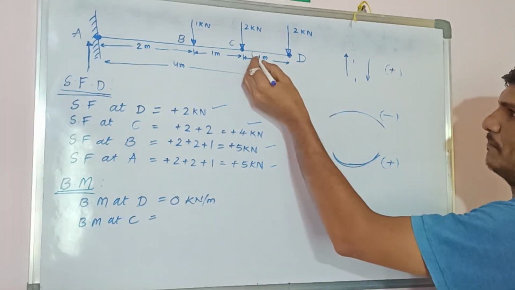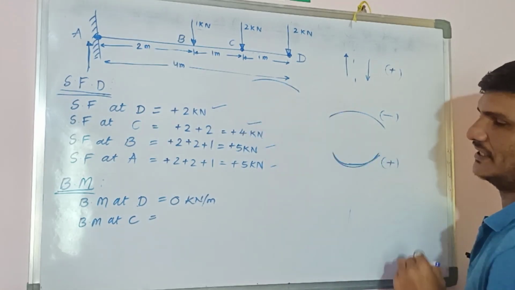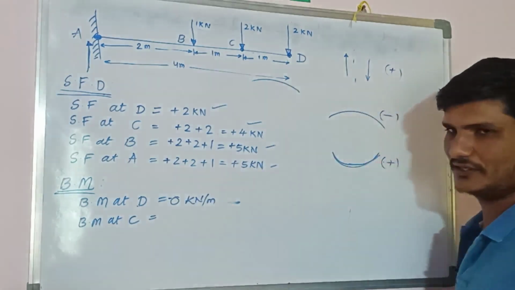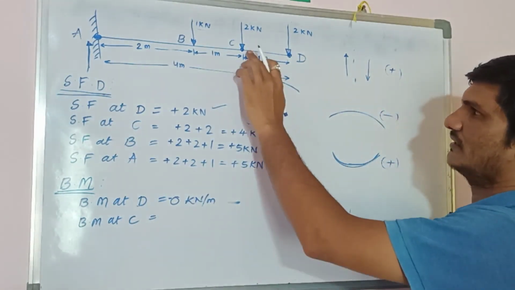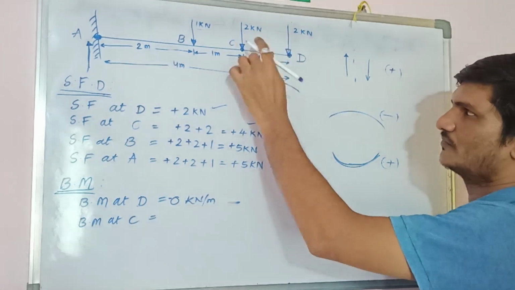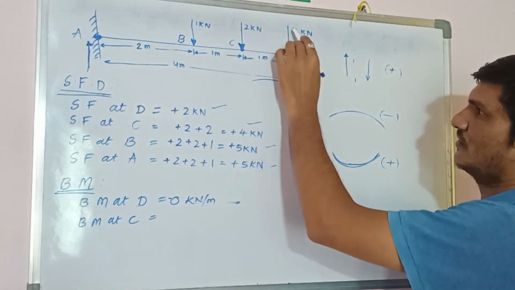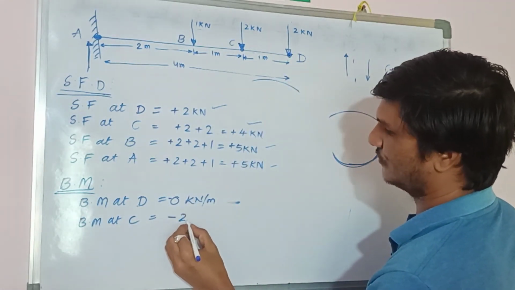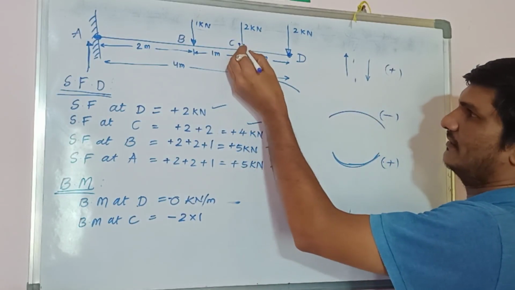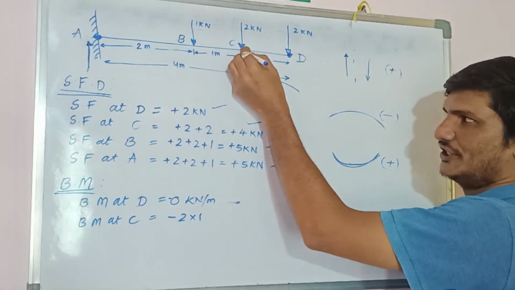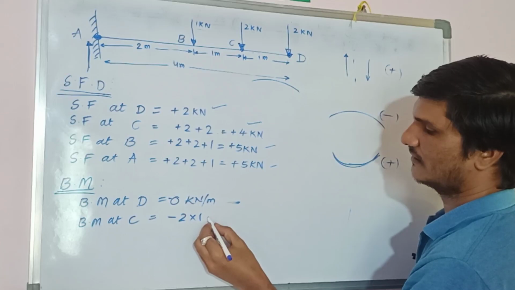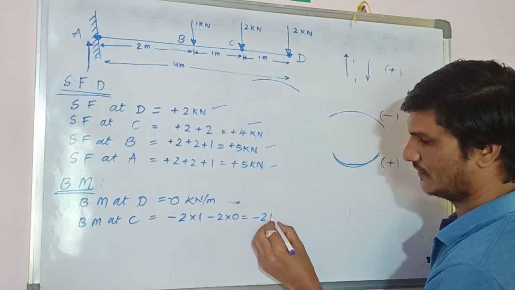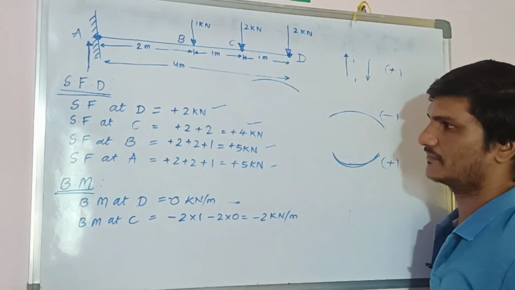When the loads are applied on the beam, it gets a curvature shape, so it will be taken as negative. The bending moment at C is 2 kilonewton into 1, so minus 2 into 1, and again 2 kilonewton into 0, so minus 2 into 0, so you will get minus 2 kilonewton meter.